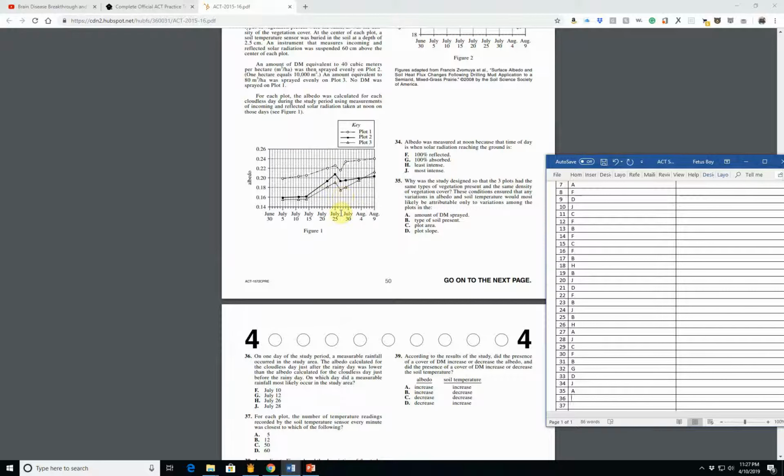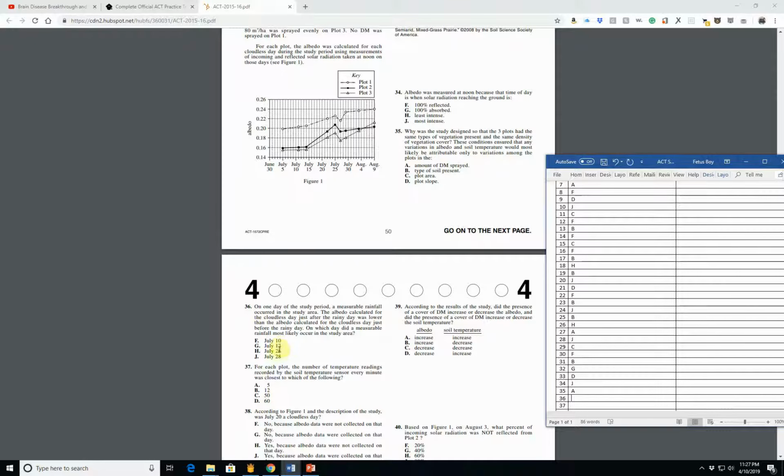Well, that would be the day after, where it would be lower, so July 26th would be it. Yeah, the rainy day would be the day before the albedo dropped. Okay.